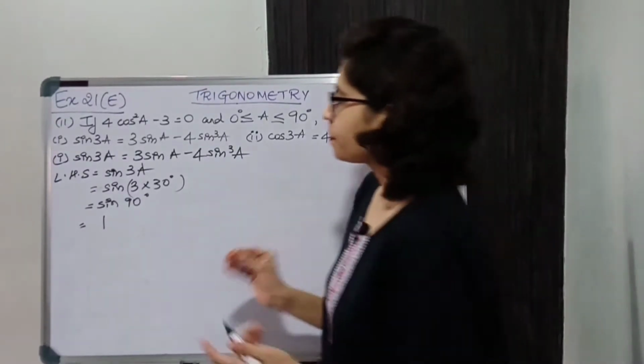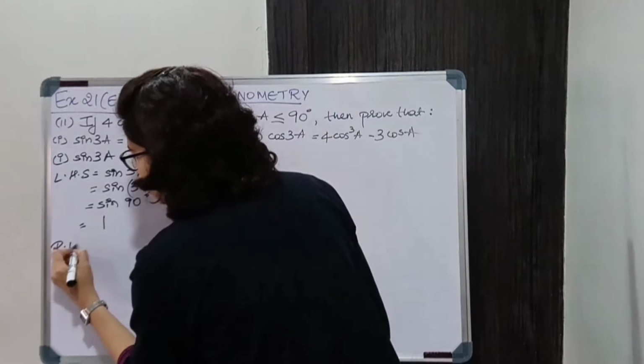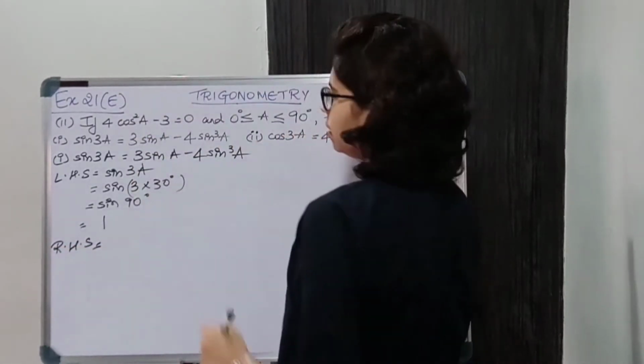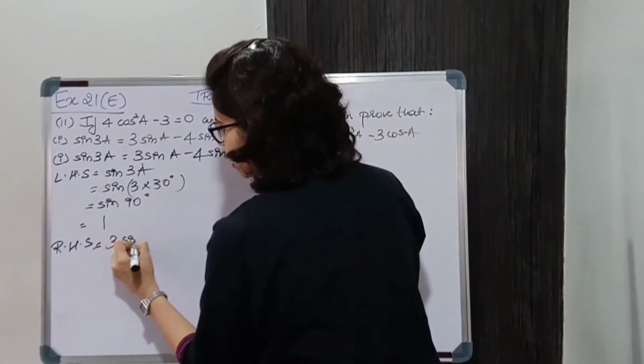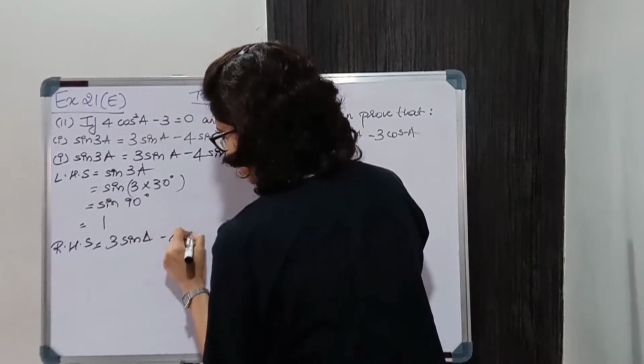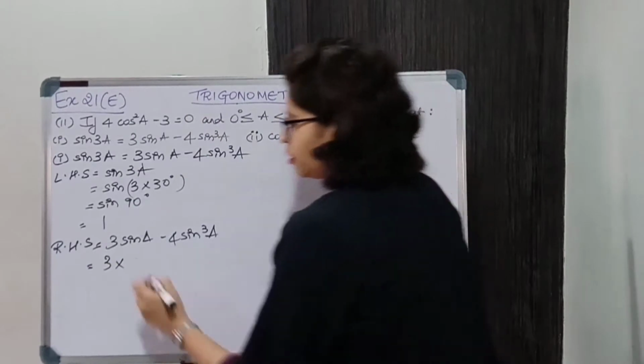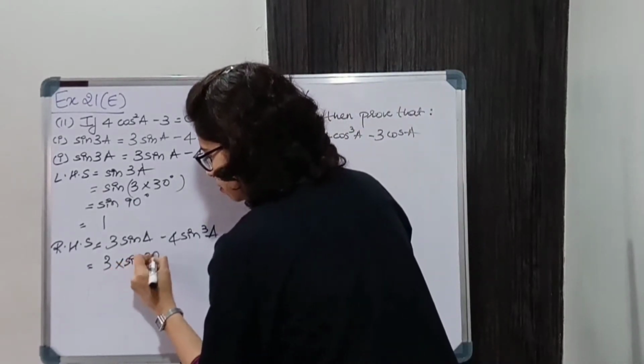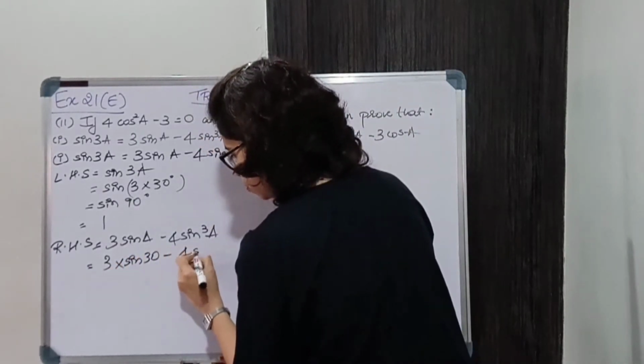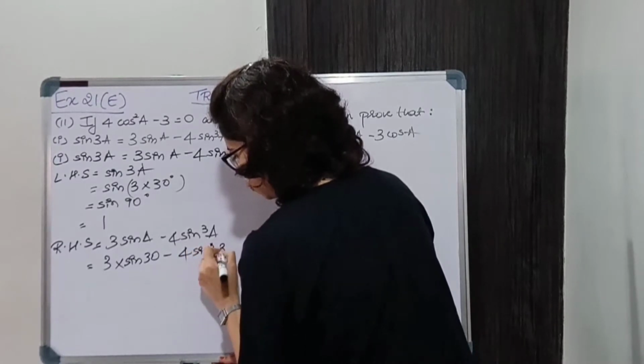Okay, now coming to RHS. In RHS we have 3 sin a minus 4 sin cube a. 3 into sin 30 minus 4 into sin cube of 30.